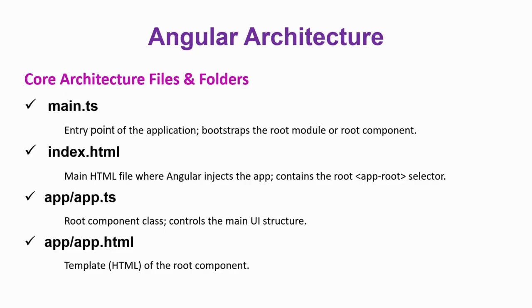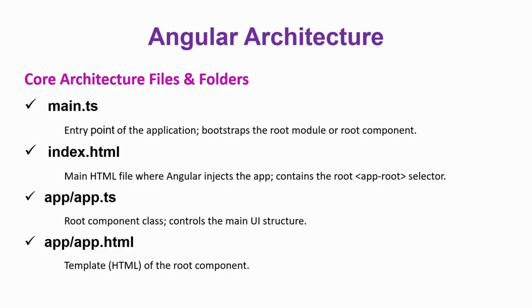Okay. Next is index.html. So this is the main HTML file where Angular injects the app content, that is the app-root selector, and inside this HTML only all the components will get loaded. The third point is app.ts. Okay, so app.ts is the TypeScript file which is present inside the app folder.